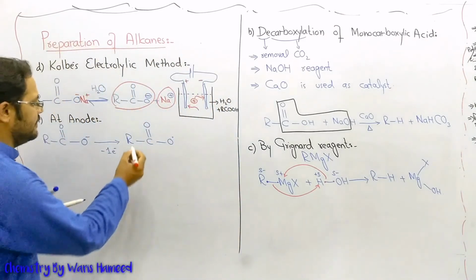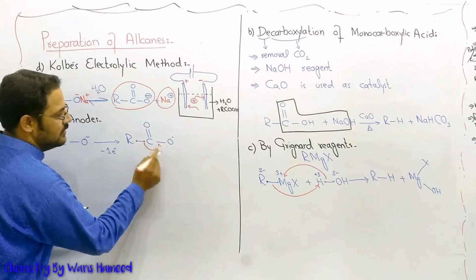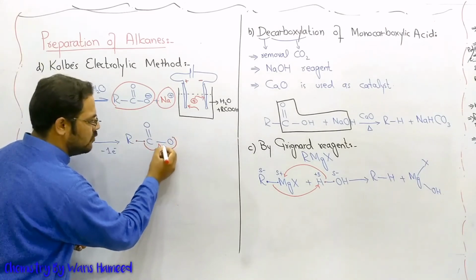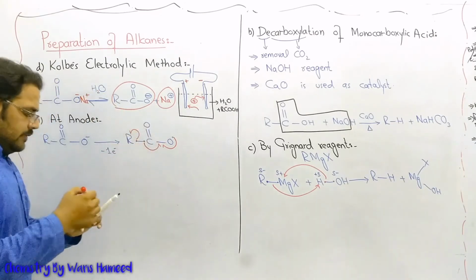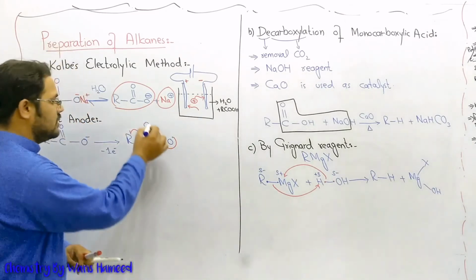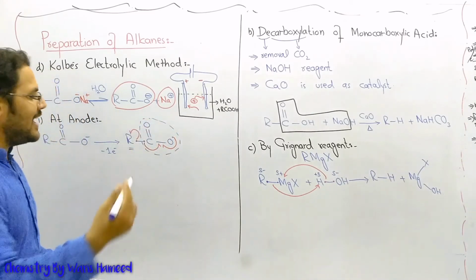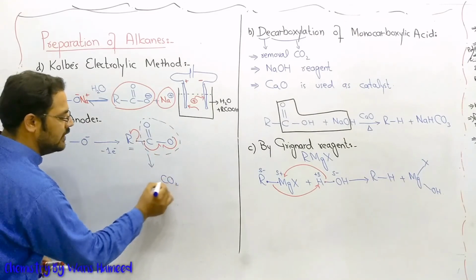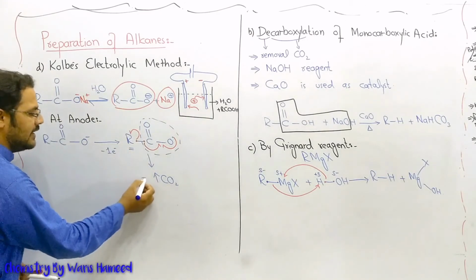One electron will move in between carbon and oxygen, and this electron will move toward here. One part of the radical converts into carbon dioxide, and here will be the formation of alkyl radical. One carbon dioxide will be released from the mixture, and here will be alkyl radical.